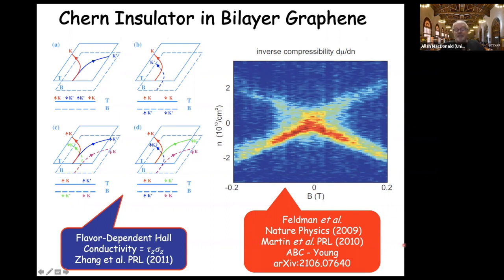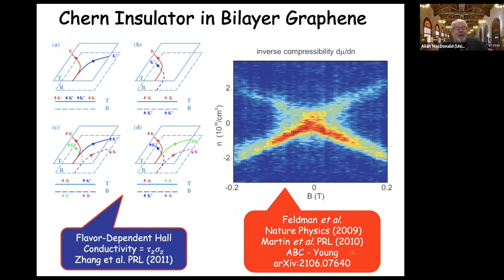Very recently, thanks partly to advances in sample quality over the years, there's a recent preprint just this month from Andrea Young's group showing this kind of physics, not in a suspended sample, but an encapsulated sample in ABC trilayers.